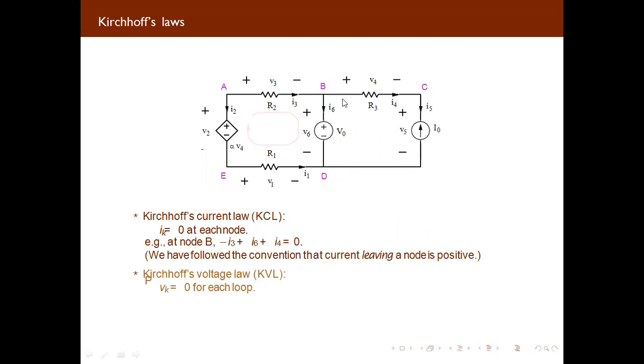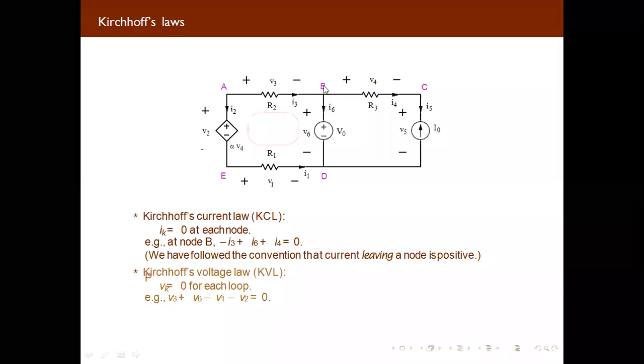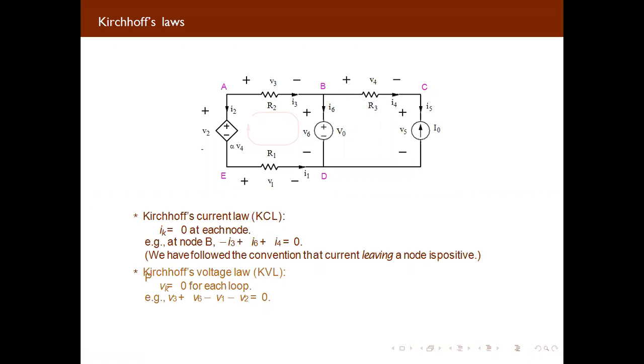You can see here, this is also a closed loop, and this is also a closed loop. So if current I4 is flowing, it will again go to point B. It means it starts from B and goes back to point B again. So we call that a loop.